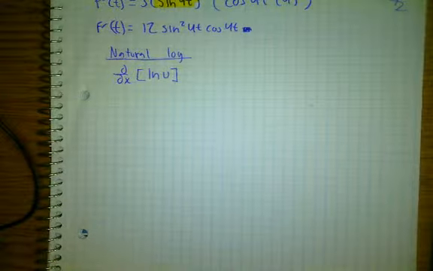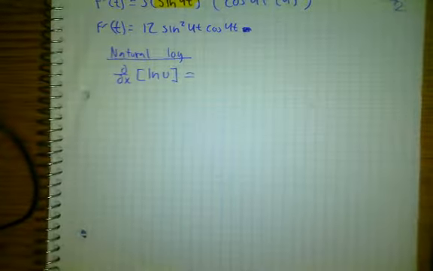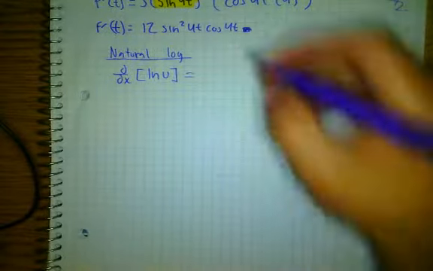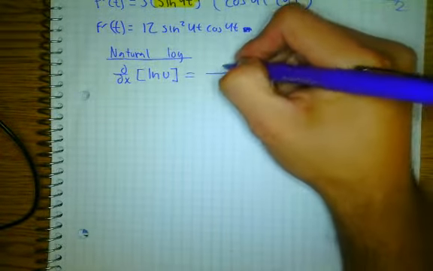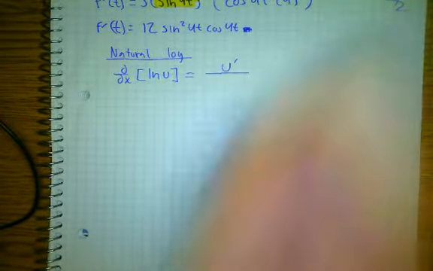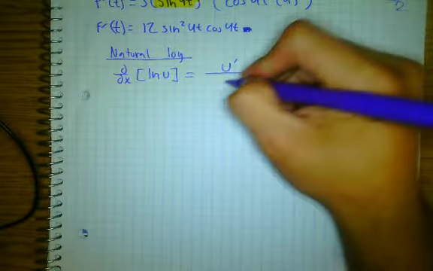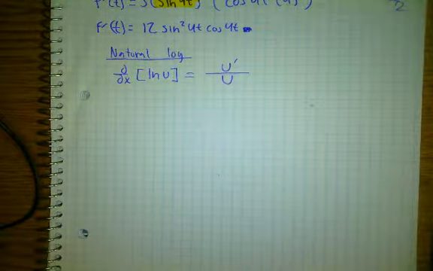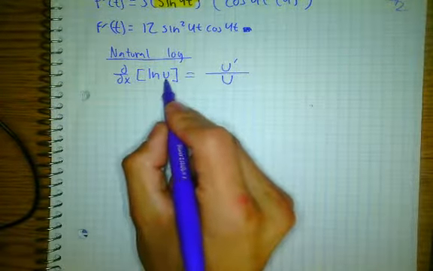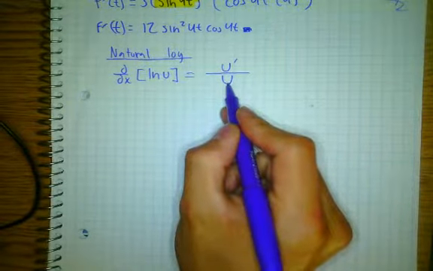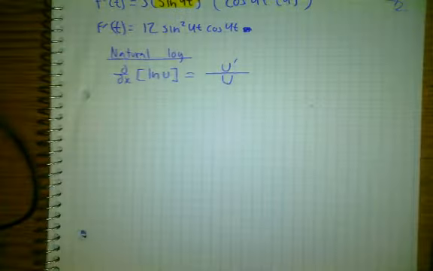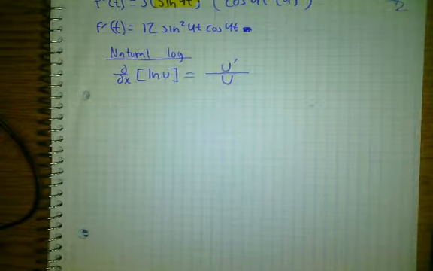Okay, so u could be anything. That would be the derivative of whatever you're taking the natural log of divided by whatever you're taking the natural log of. That's it. So literally you take whatever is in here and you put it in the denominator. You take the derivative of that and put it in the numerator. Okay?